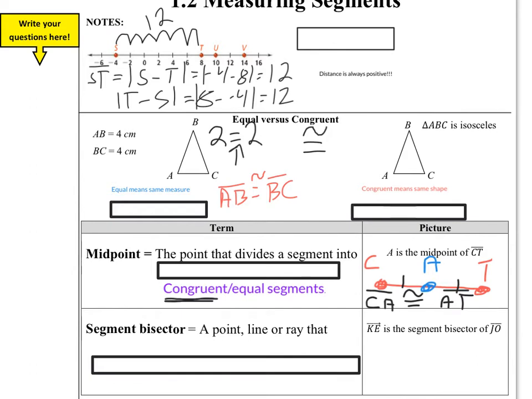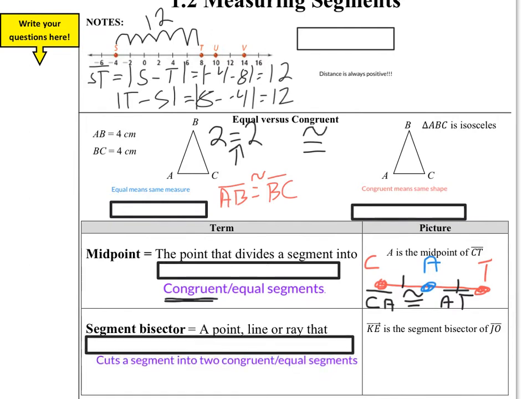The next piece that we have here is a segment bisector. And a segment bisector is just a point, line, or ray that cuts a segment into two congruent or equal segments. So a segment bisector is going to go through that midpoint that we just drew.